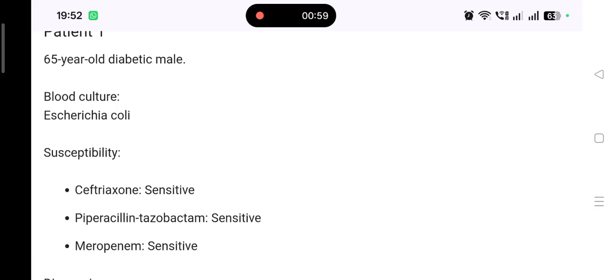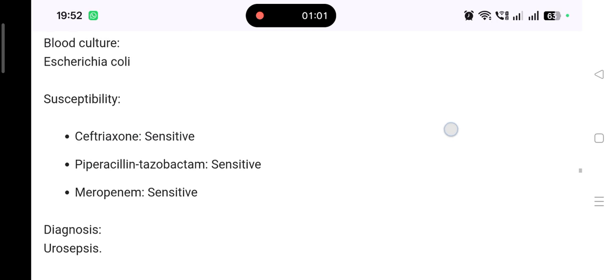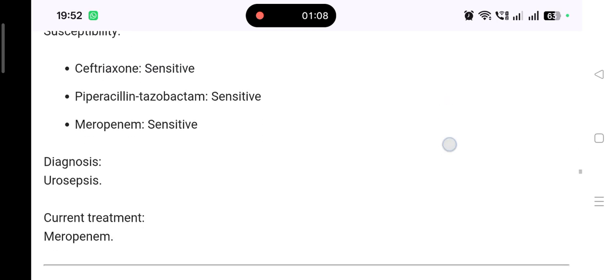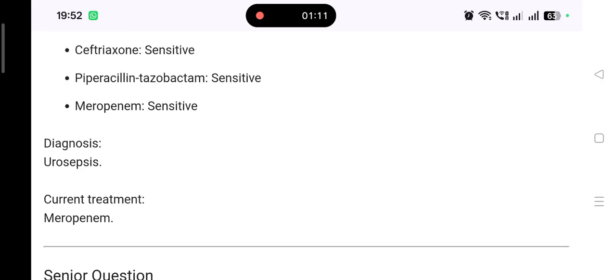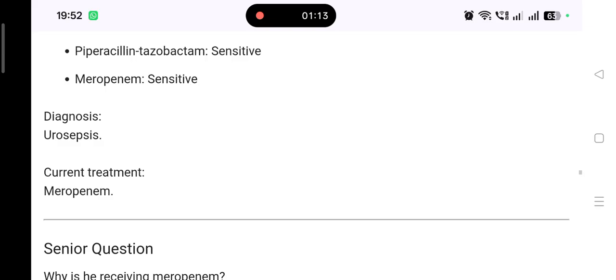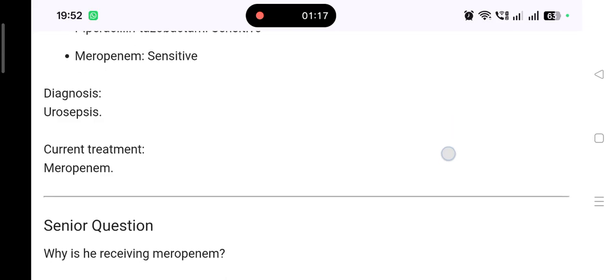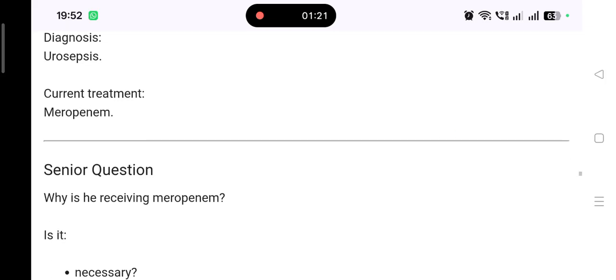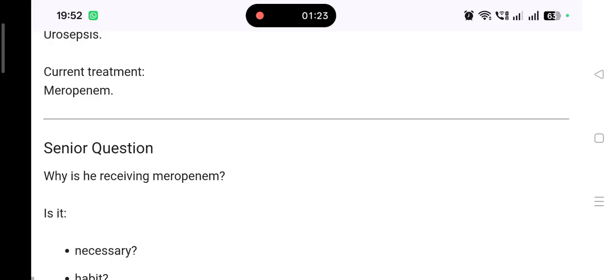In blood culture, E. coli was there. The susceptibility report says ceftriaxone is sensitive, piperacillin-tazobactam is sensitive, and meropenem is sensitive. Diagnosis is urosepsis, and the current treatment going on is meropenem.